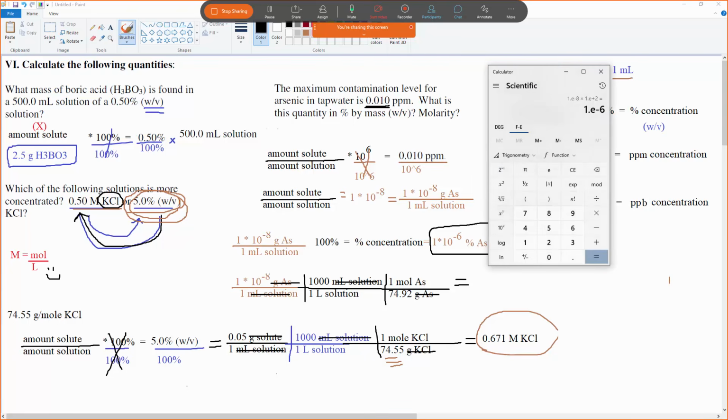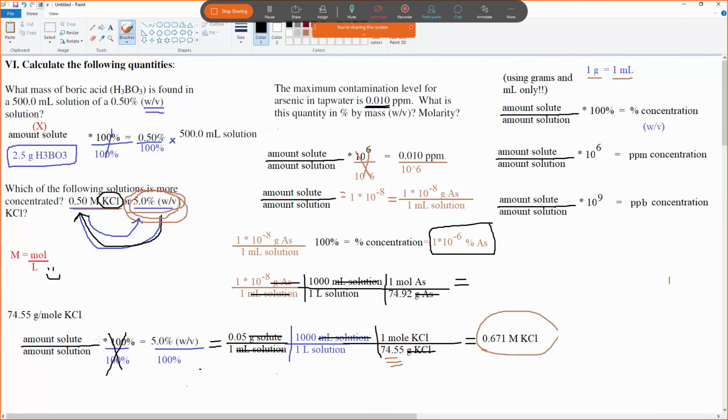Okay, so if I have 1 times 10 to the negative 8, and I multiply that by 1,000, and then divide that by 74.92, this gives me a molarity of 1.33 times 10 to the negative 7.